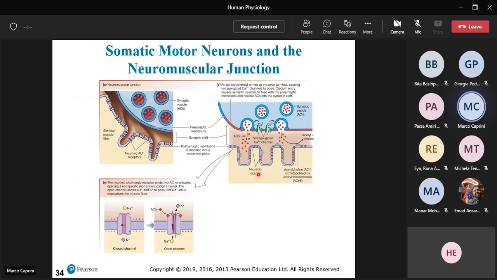Here it's again electrical. So the point is, if the signal here, the EPP, the end plate potential, how at a molecular level the transduction of the electrical signal is able to produce an increase of calcium signal.